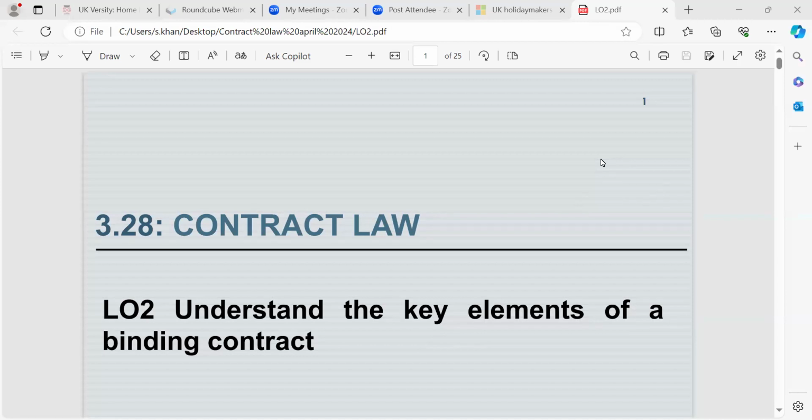On the basis of execution, we looked at an executed contract and an executory contract. We then looked at contracts on the basis of validity.